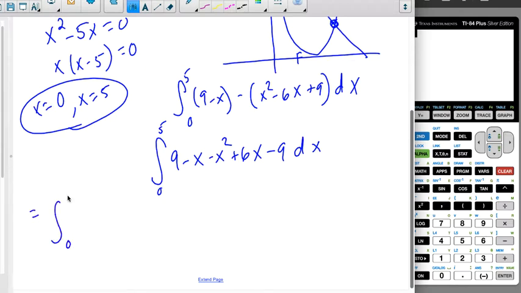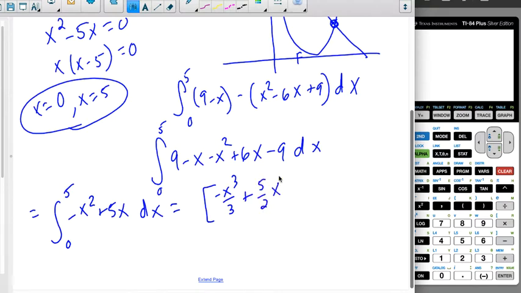So this is 0 to 5 of a negative x squared plus 5x, and the 9s go away. So I get that this is negative x cubed over 3 plus 5 halves x squared, evaluated from 0 to 5. When I plug in, that's going to be a negative 125 over 3 plus a 125 over 2 minus a bunch of 0.